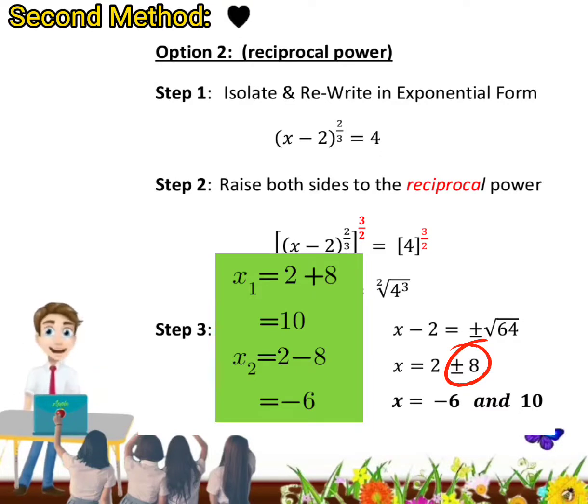And finally, solving for the value of x, we have x1, that is 2 plus 8, which is equivalent to 10. And for x2, that is 2 minus 8. So therefore the answer is negative 6. So those are the solutions of the given problem using the reciprocal of a power.